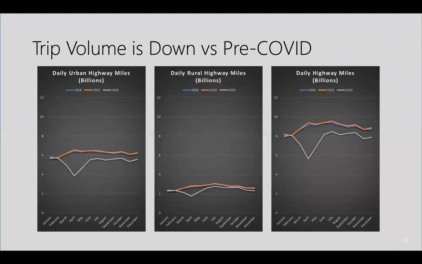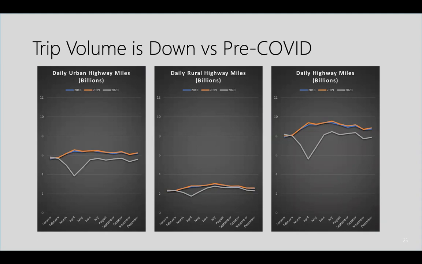So long story short, as Scott said, the trip volume, and these charts are updated from the Federal Highway Administration, you can see that the number of trips, or the trip volume, pre-COVID versus 2020 is less.